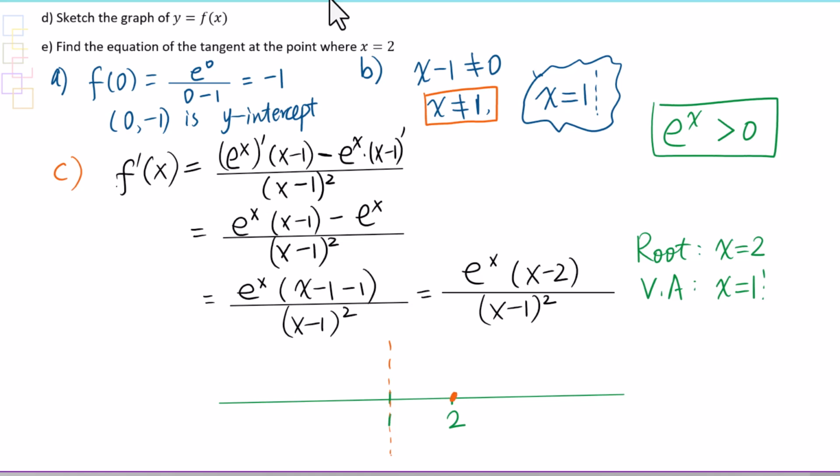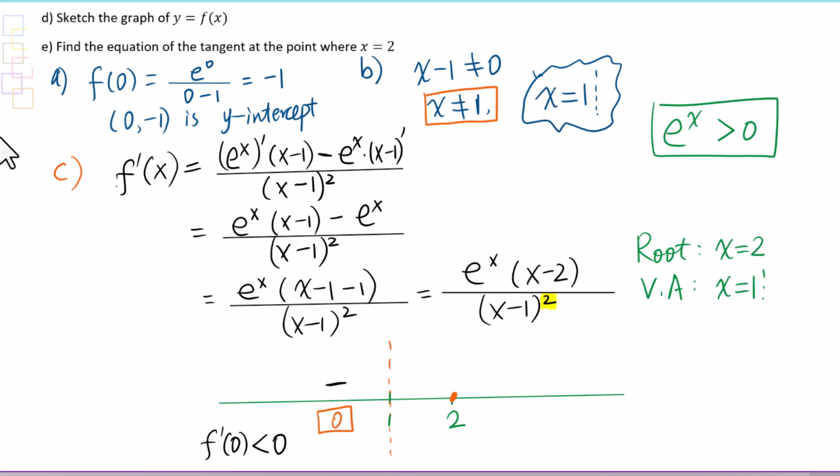2 is the root. Use 0 as the number to test the sign for each interval. Since f'(0) is less than 0, it is negative, so this interval is negative.